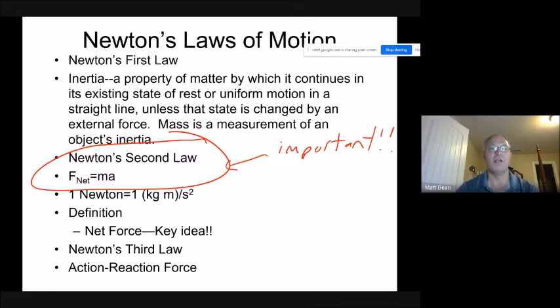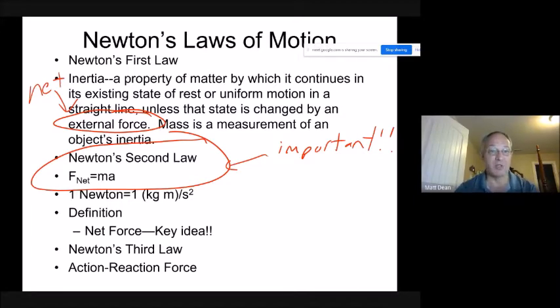The first law is the law of inertia. Remember that inertia is a property of matter by which it continues in its state, whether it's not moving or whether it is moving, and it's going to continue in that state unless it's acted on by some kind of outside force, which we're going to call an external force. And we're going to be more specific and say an external net force.